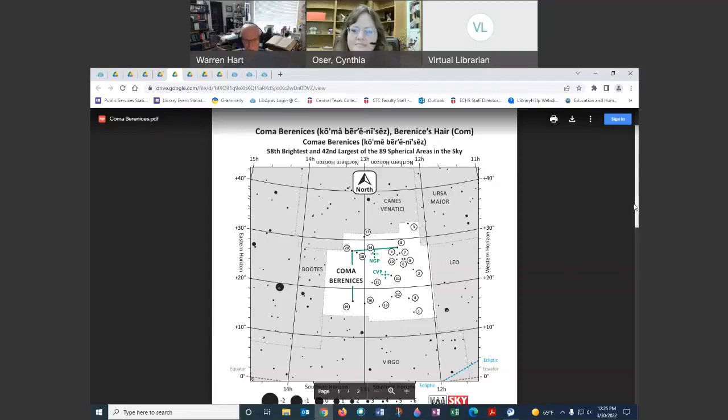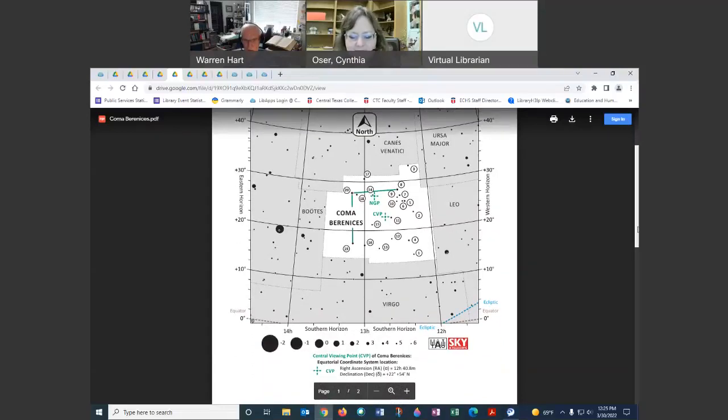So that's Coma Berenices. And if you also look down at the bottom of the chart over on the right, there is a blue line. There's that ecliptic again. And another one down, a brown line dashed, that's called the equator.